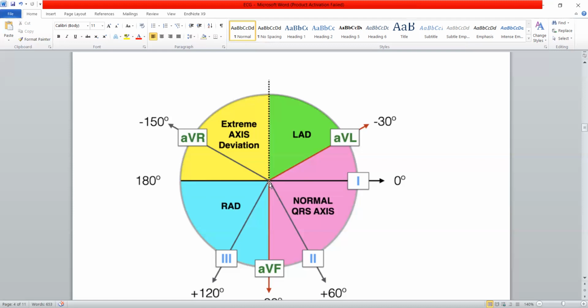And the QRS complex is positive in AVF. So it means the current is flowing in the direction of AVF, but away from lead 1. So the direction of the axis is somewhere between this line and this line. So what will we call it, right axis deviation or left axis deviation?